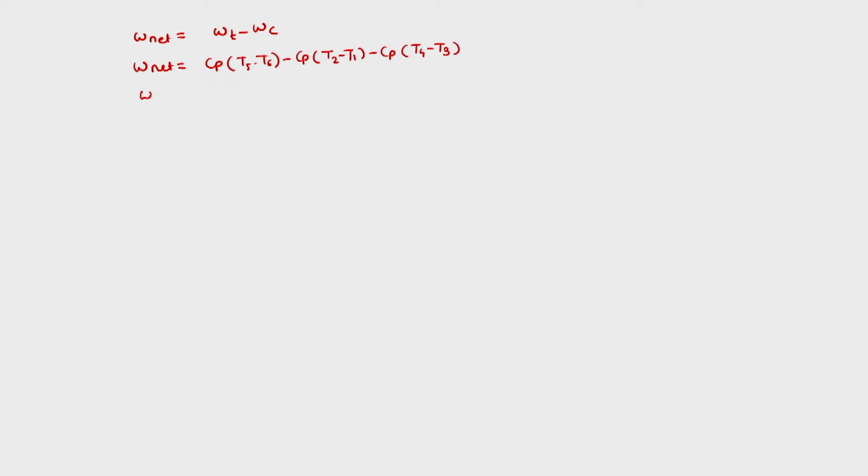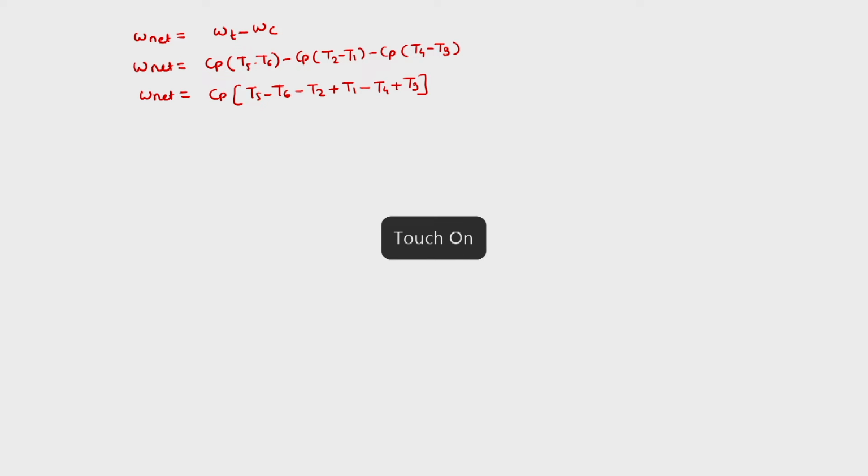Okay, so W net is equal to Cp, we can take common, (T5 minus T6 minus T2 plus T1 minus T4 plus T3). Again we will look upon the constraints that we had thought of.